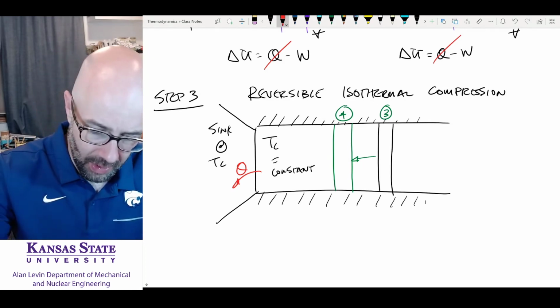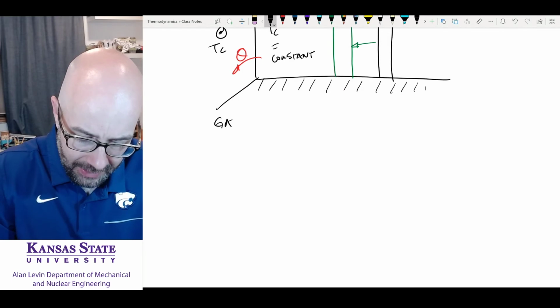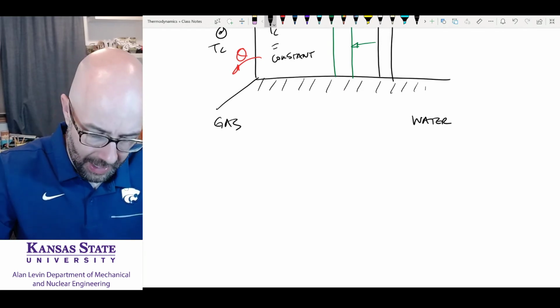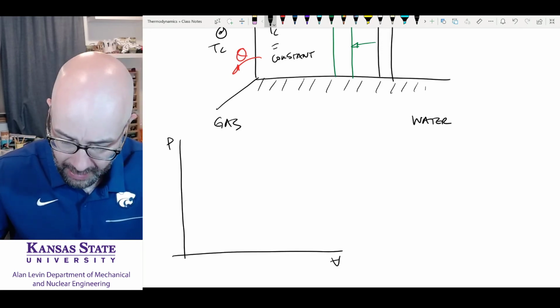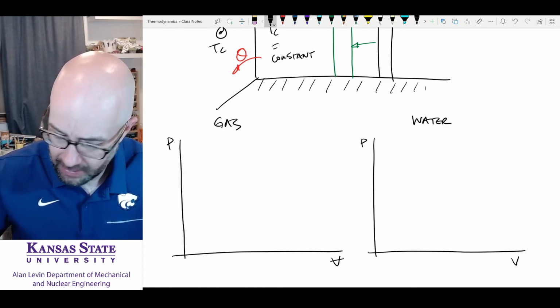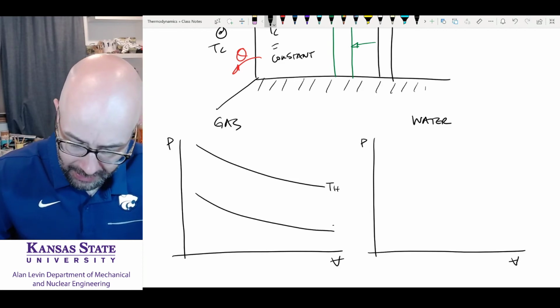So here we go. Let's draw it on our diagram. So here's my gas, and here's my water, and we have our PV diagram, and we have our TH, and we have our TC.